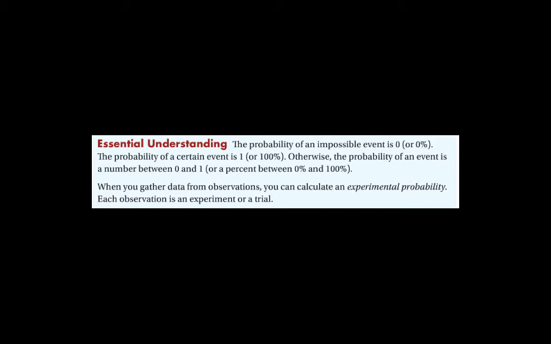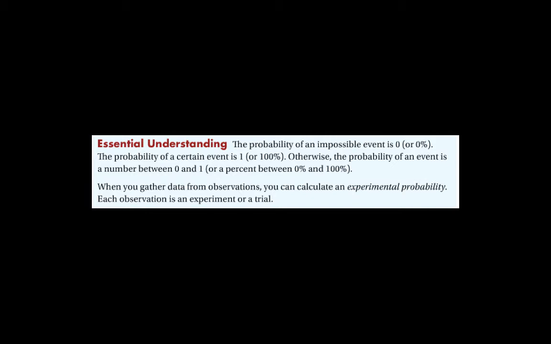A lot of times when we're just communicating how likely something is to happen, the percentage makes more sense because we're just used to, out of 100, okay, out of 100. The percentage a lot of times is at least a useful form for our answers. So the probability of a certain event is 1. Otherwise, the probability of an event is a number between 0 and 1, or a percentage between 0% and 100%.